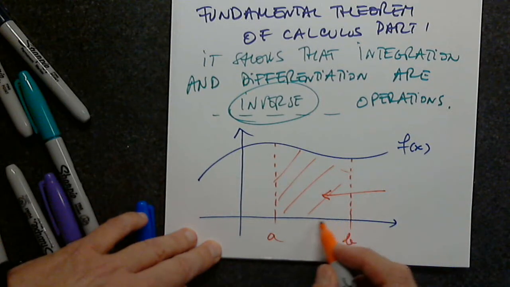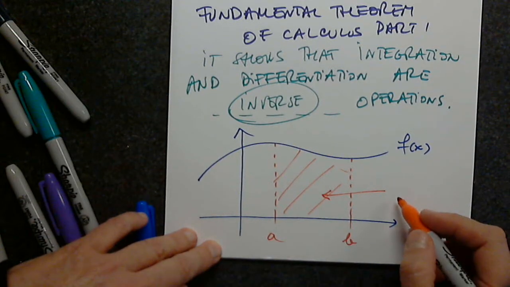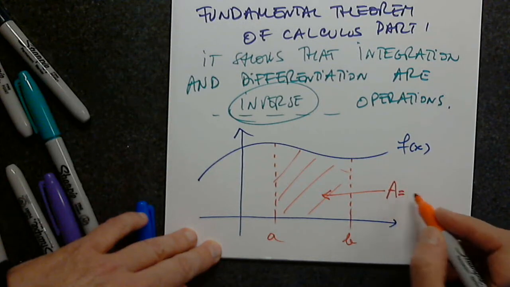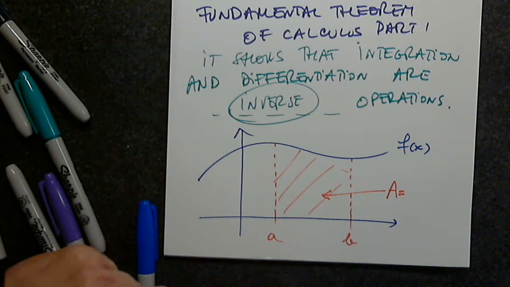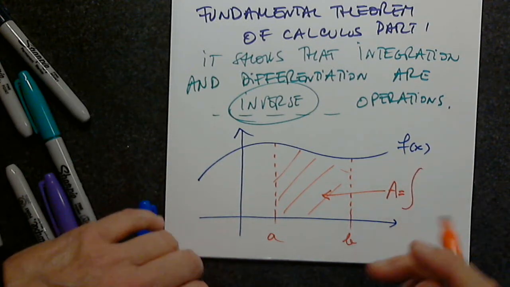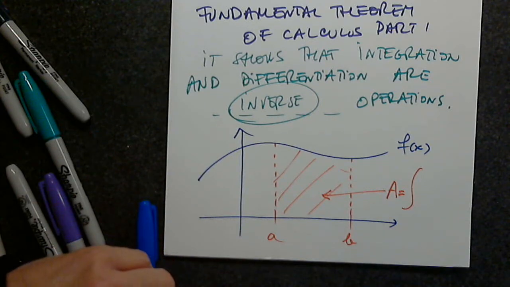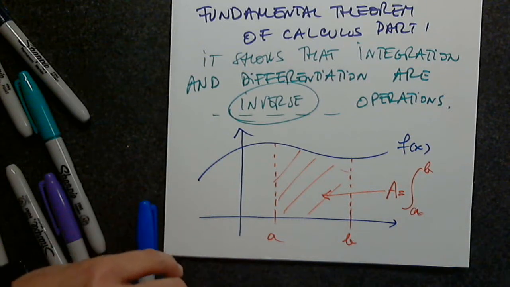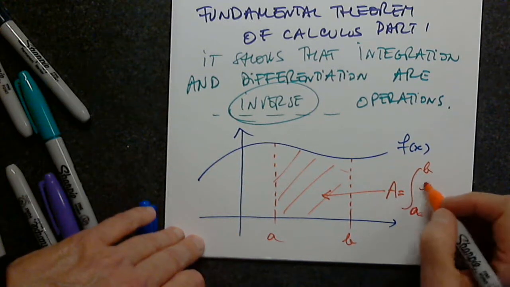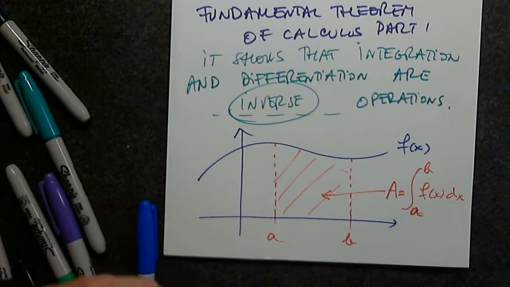All this area is the area, the integral from a to b. Very good. Indeed, that is a number. It's the exact area under the graph of f of x between a and b. We know that.